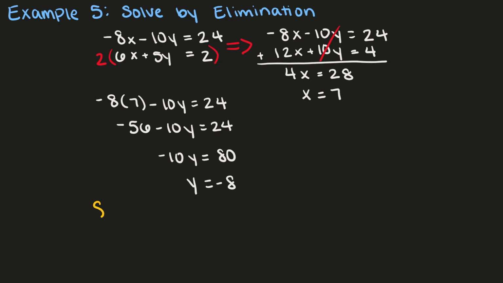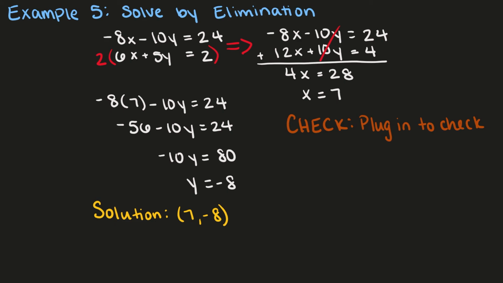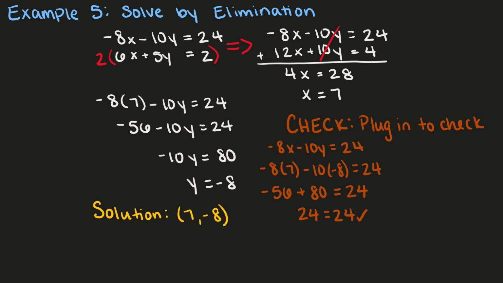So our solution is 7, -8. We'll plug this solution back into both of our equations to verify that this is the correct solution. We see that this is correct, therefore we have found our solution.